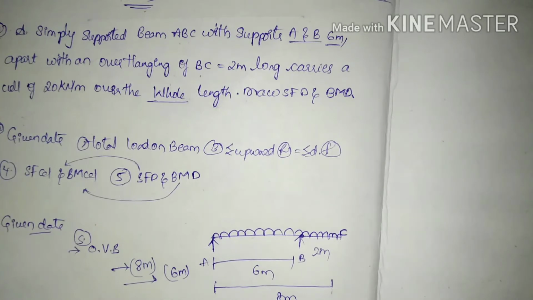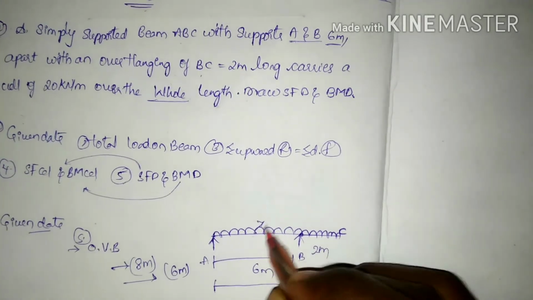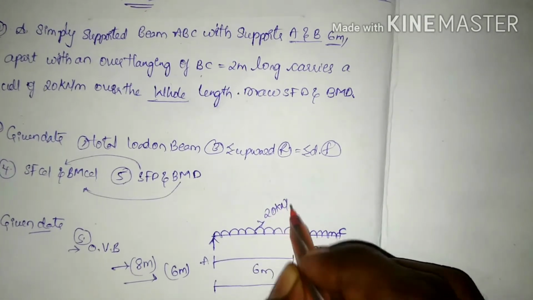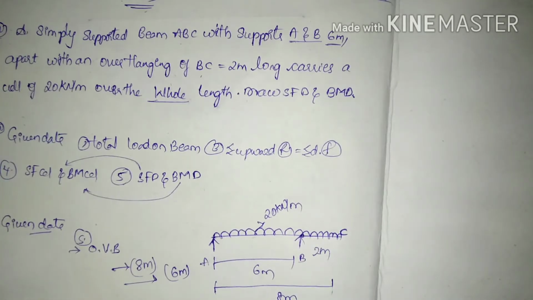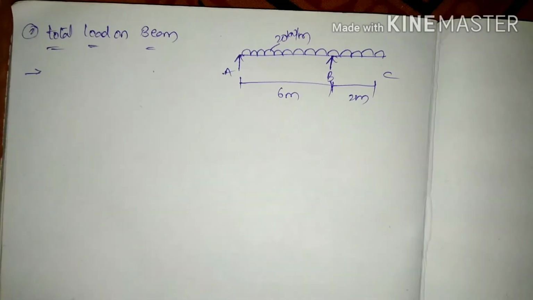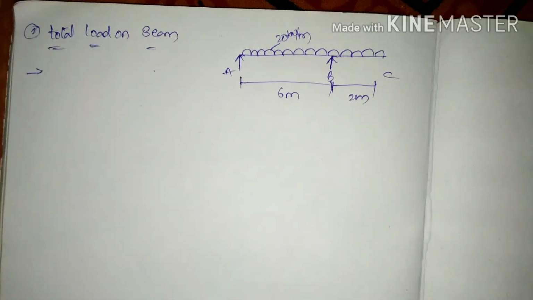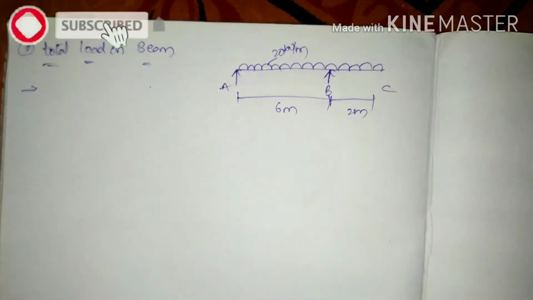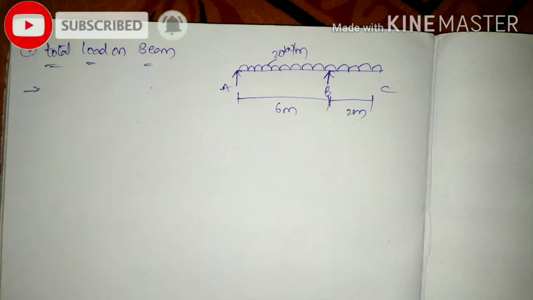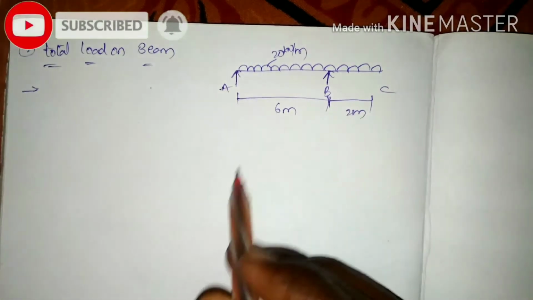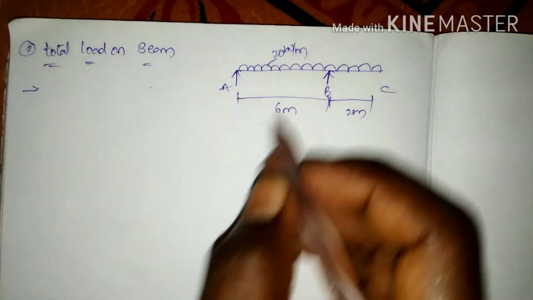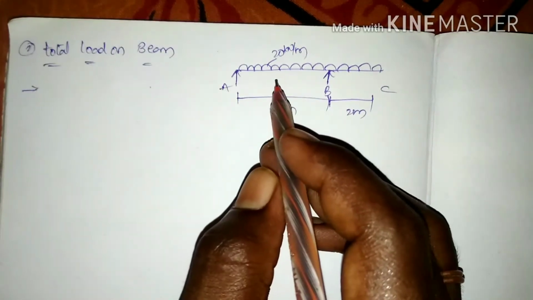What is the total load on the beam? Our second step is the total load on the beam. The total load is the forces or loads which act on the beam, on the upper side of the beam. We have a UDL over a span of 8 meters with a magnitude of 20 kN per meter.